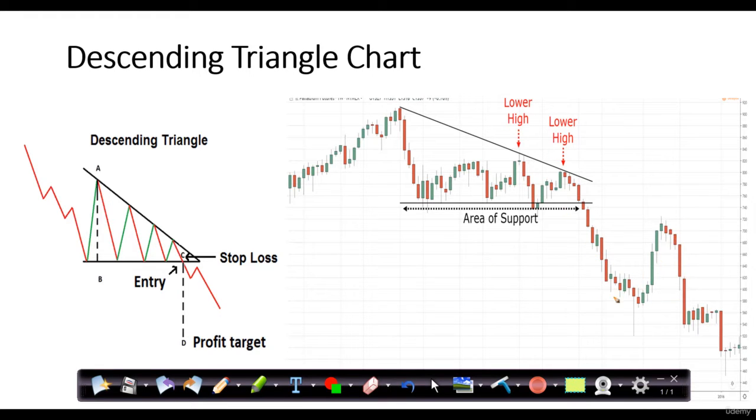Either enter at this swing breakout, unless you have the confidence that if the market breaks this, it will fall more, then only enter here. Else, without confidence, always wait for the swing breakout and then only enter. Yes, there is another method to enter at this swing. How to measure?